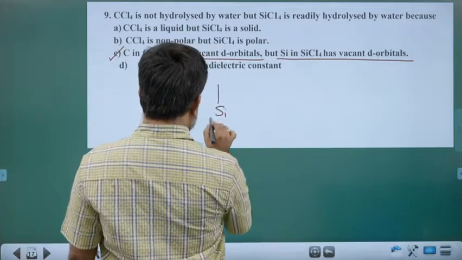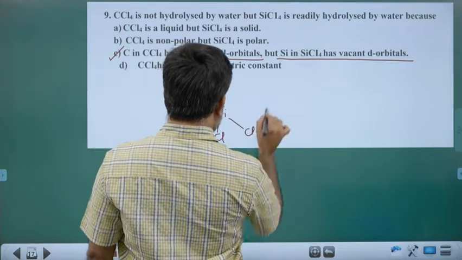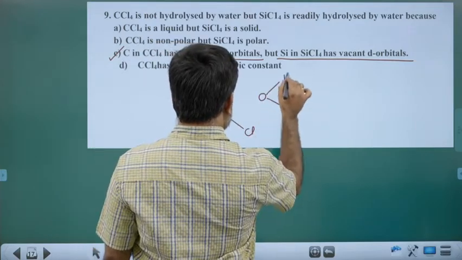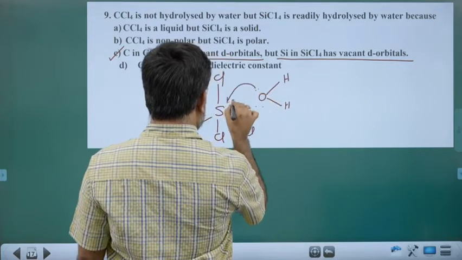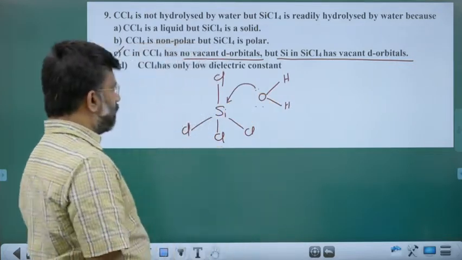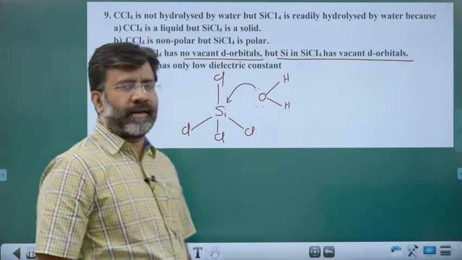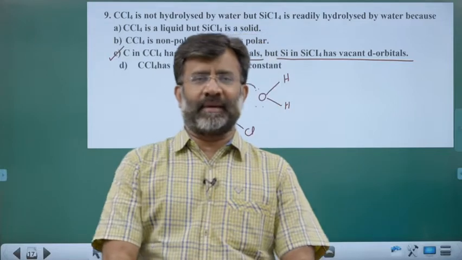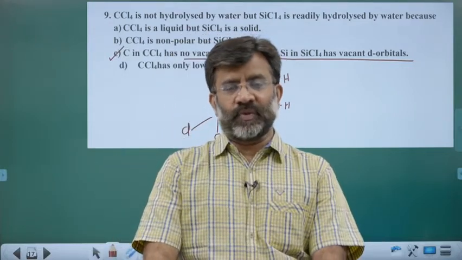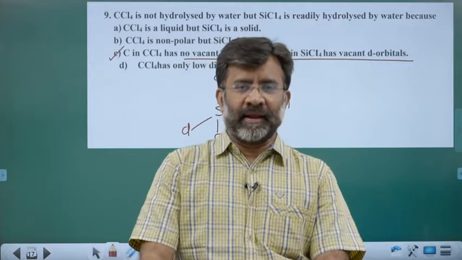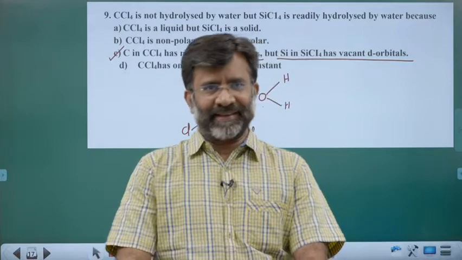This is SiCl4, and you can see the water molecule will be interacting with the vacant d orbital of silicon. That is what is happening. So the hydrolysis is pretty easy as far as silicon chloride is concerned, but it's not so easy in the case of carbon tetrachloride. Okay, next question.